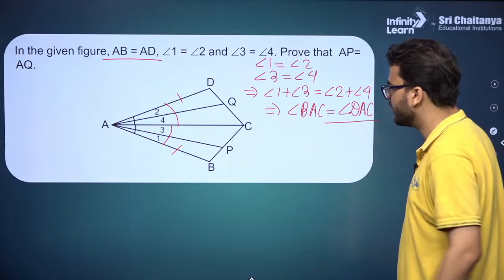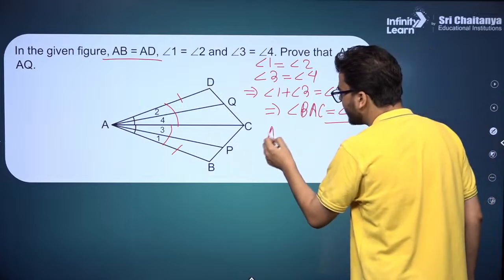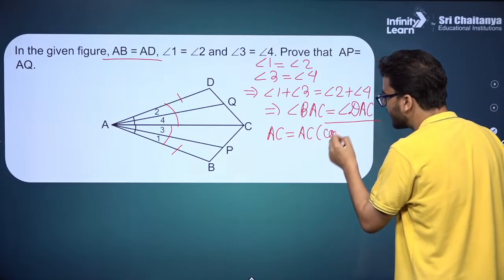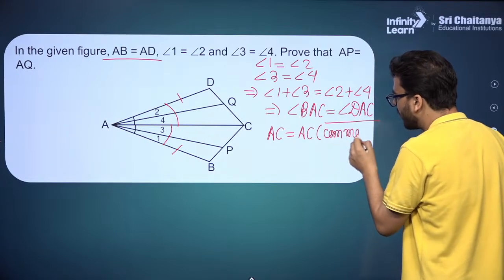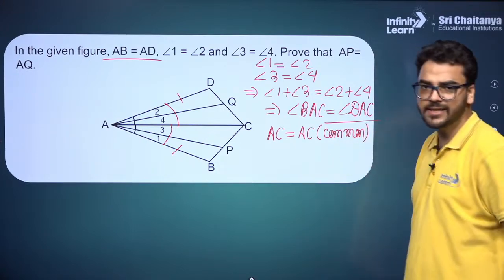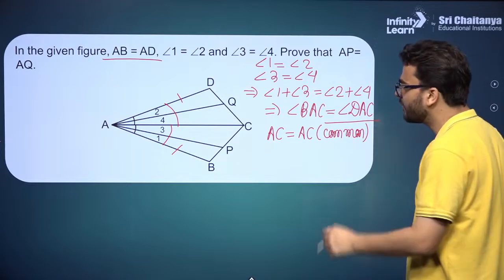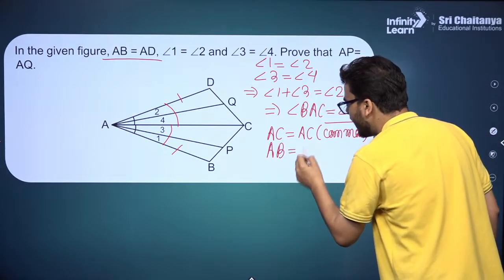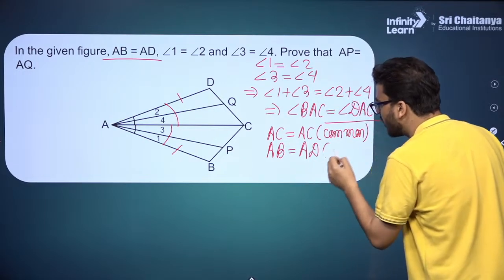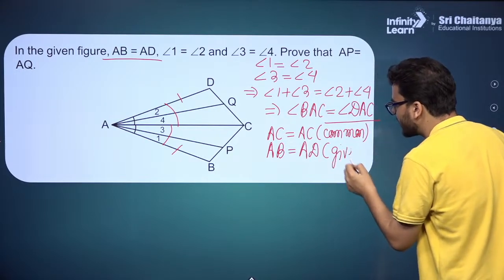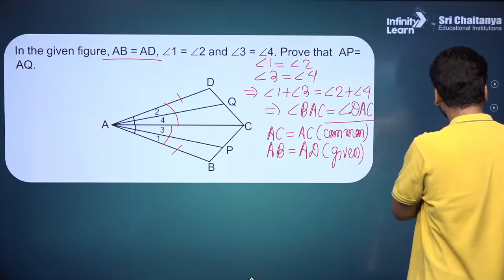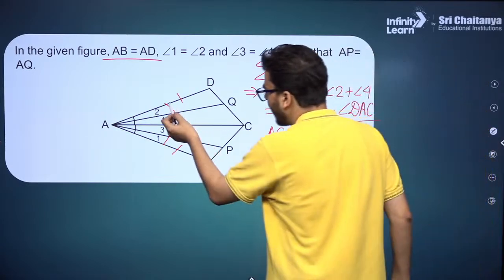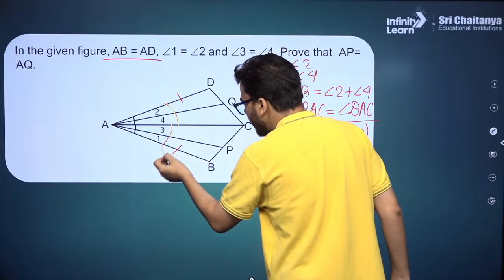Now you see AC is equal to AC is common, and it is already given in the question that AB is equal to AD, correct? So using these three things, this is equal to this is given, this thing is common, and we have proved this angle to be equal to this angle.